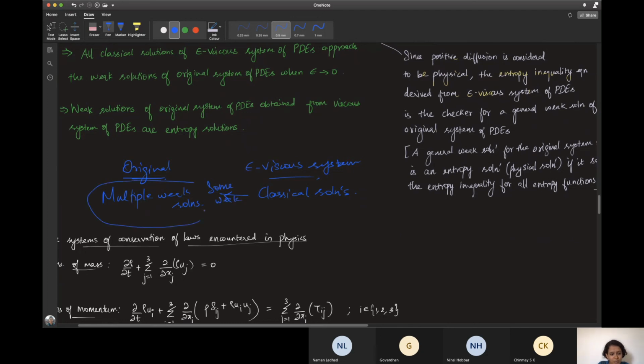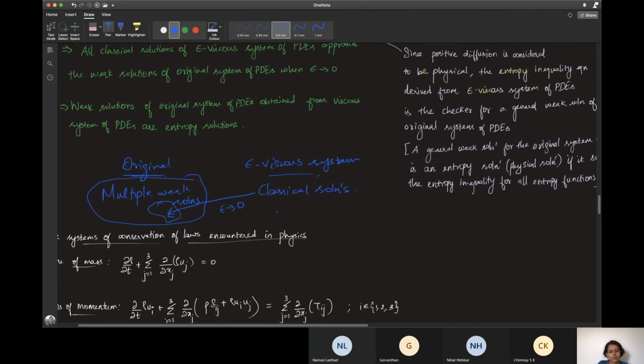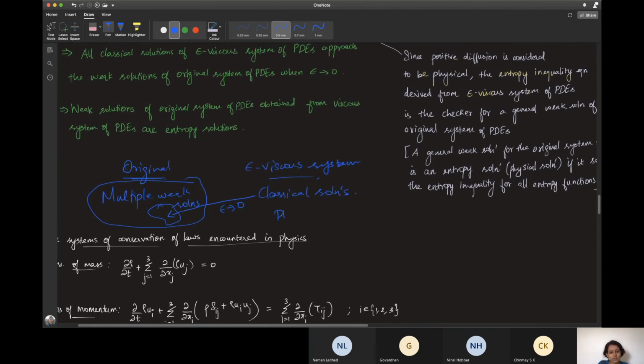Among these multiple weak solutions, it only approaches some specific weak solutions. This classical solution will approach some weak solutions when epsilon goes to 0. So those are the physical ones.